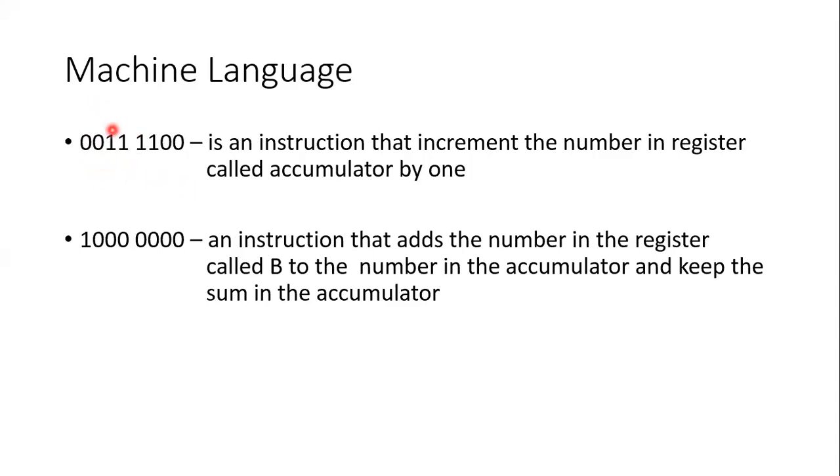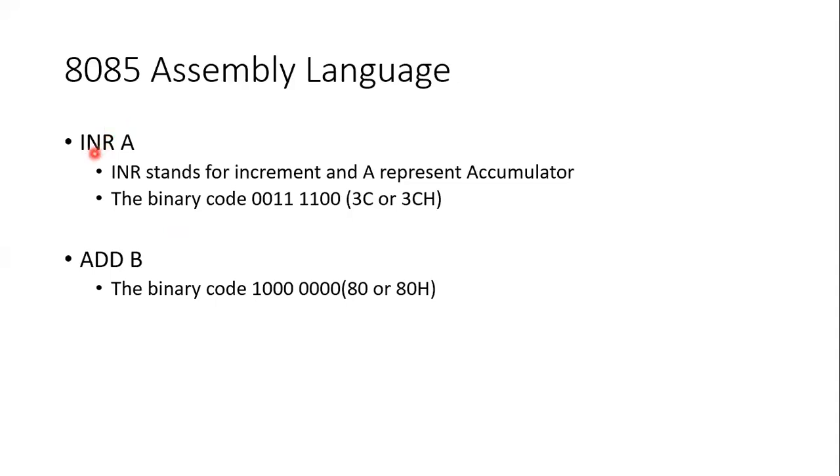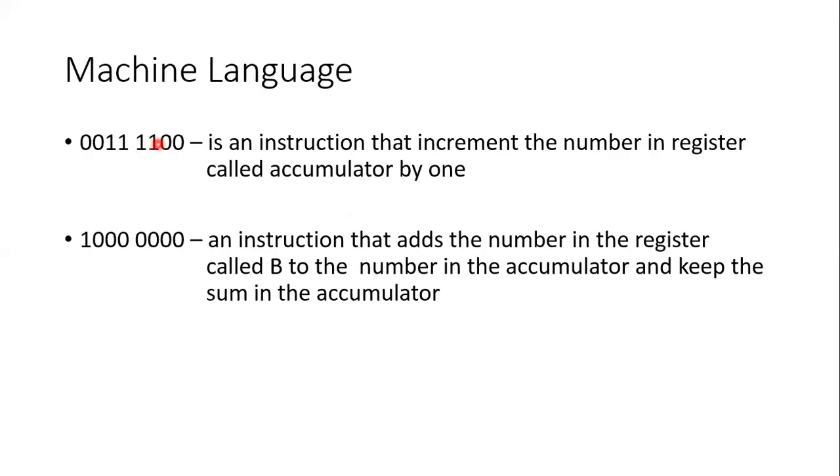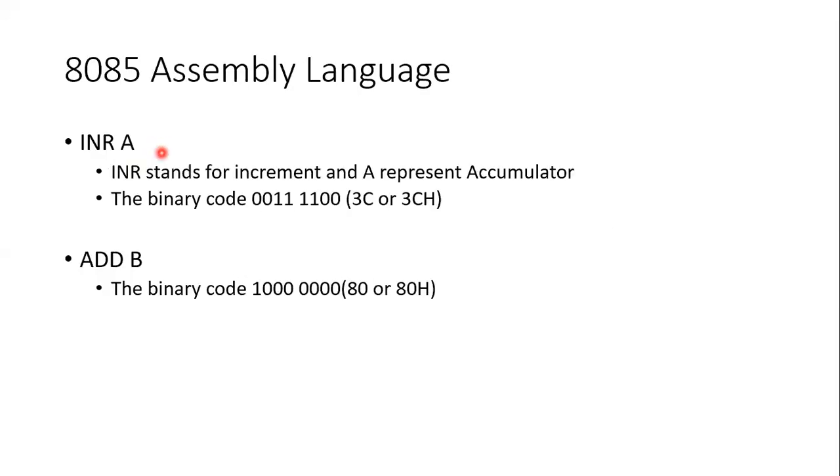Therefore, Intel uses INR. INR means increment. And 1100 is the accumulator A. So INR stands for increment and A represents the accumulator. So this is increment accumulator.